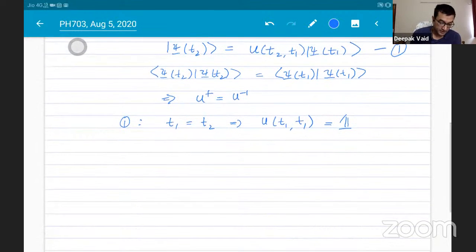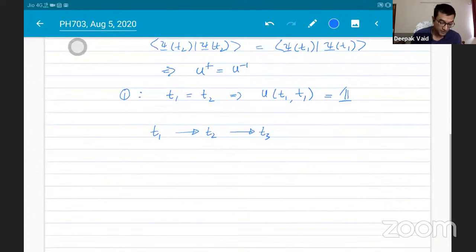Now, on the other hand, let us say that we have a sequence of 3 times psi t1, t2, and t3. So we have the state at a time t1, the state at a time t2, and the state at a time t3.